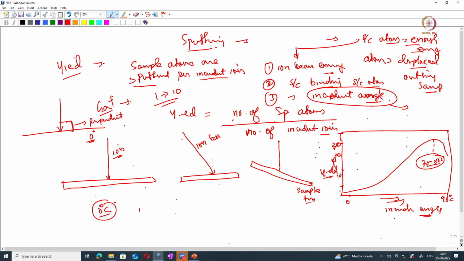This is the dependence on the incident angle of the ion beam with respect to your sample surface.